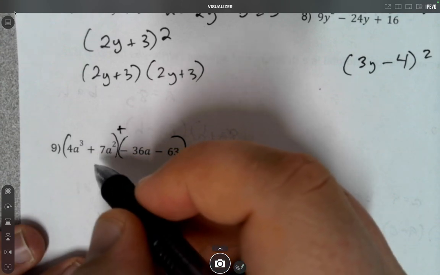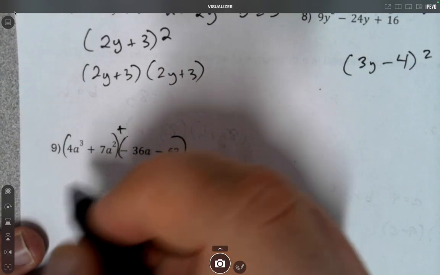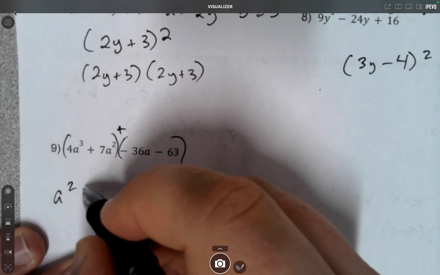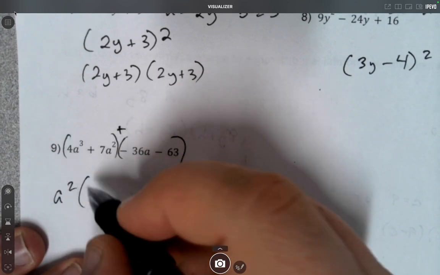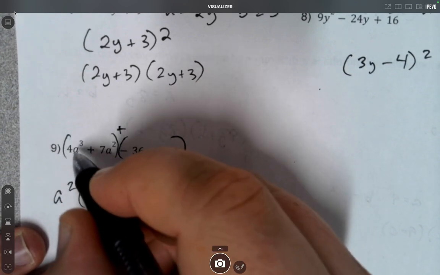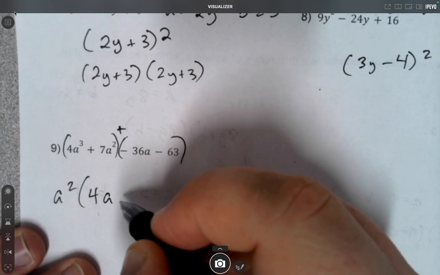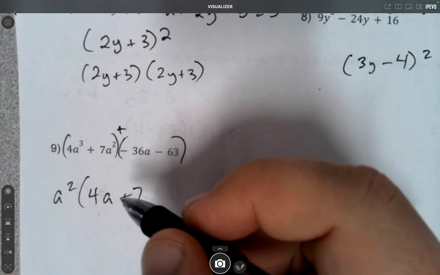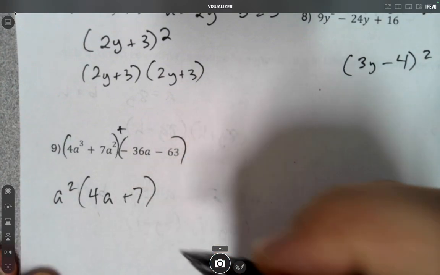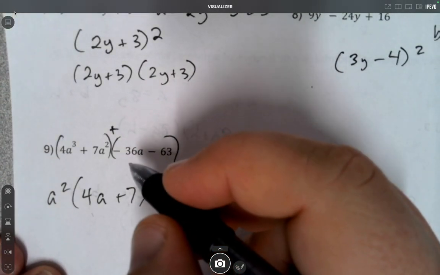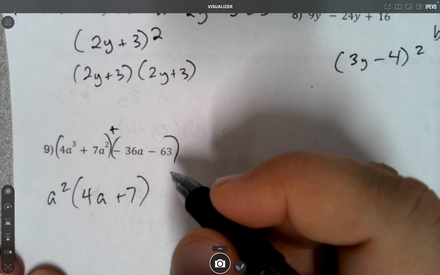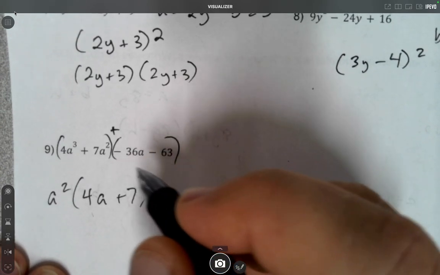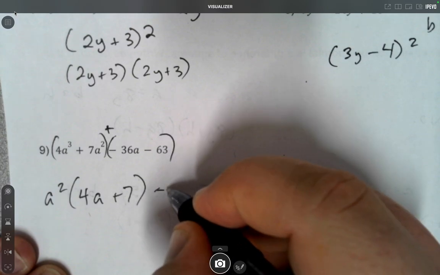So 4 and 7 have nothing in common, but I can pull a squared out of a cubed. So the 4 is left over. I pulled 2 of the a's away, leaving 1 left. The 7 is left over, but there's no a squared because I pulled them both out. Okay, 36 and 63 are both divisible by 9, and since they're both negative, we'll pull out negative 9.